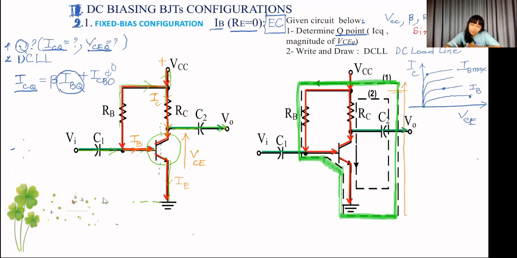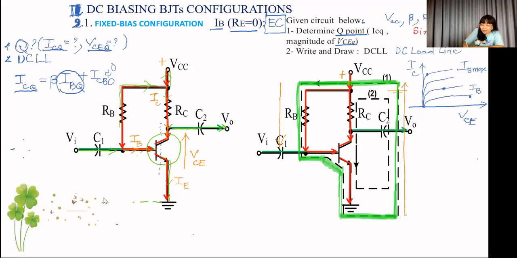This is a VCC, right? And this is one point. And we see the second voltage. This is the voltage on the resistance of base.